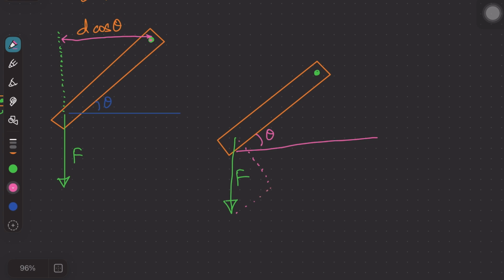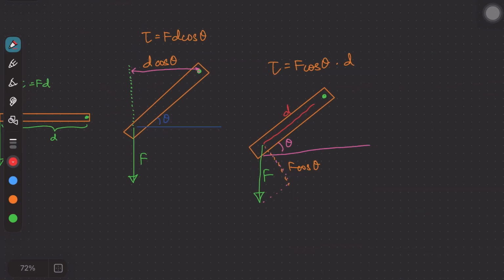In this case, we will get moment is equal to F cosine theta times our D, because this component is F cosine theta. So we'll use our original length of D. That's our two ways of finding moment about a point for a force.